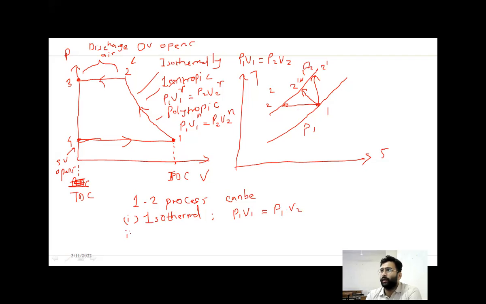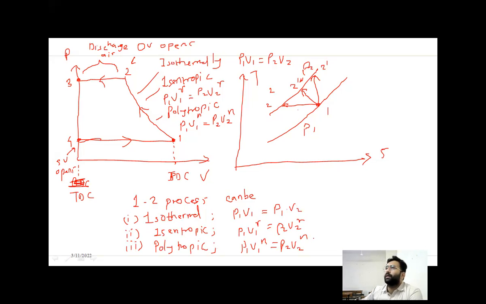Or it can be isentropic, that means P1 V1 raised to gamma equals P2 V2 raised to gamma. Or it can be polytropic, that means P1 V1 raised to n equals P2 V2 raised to n. So draw both diagrams, PV and TS.